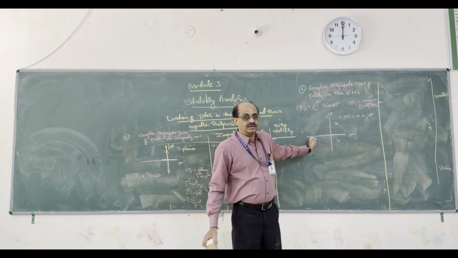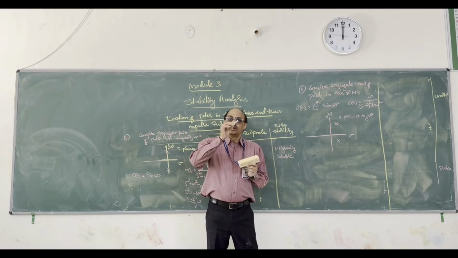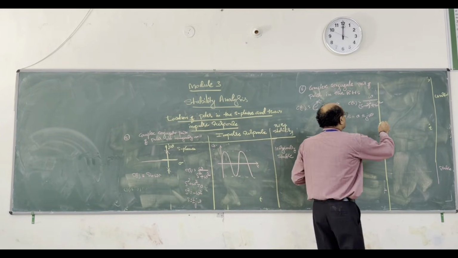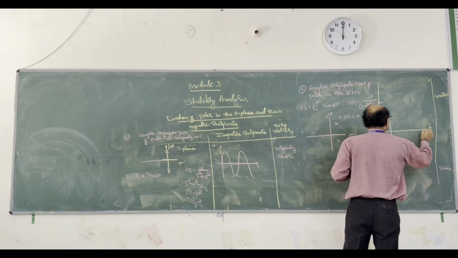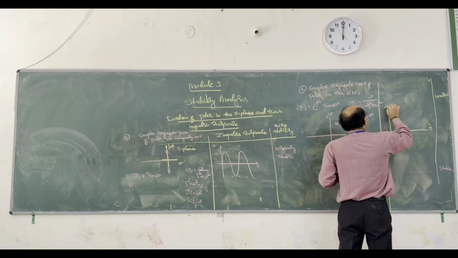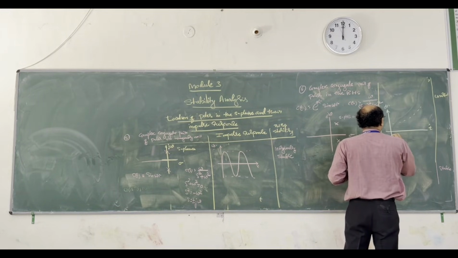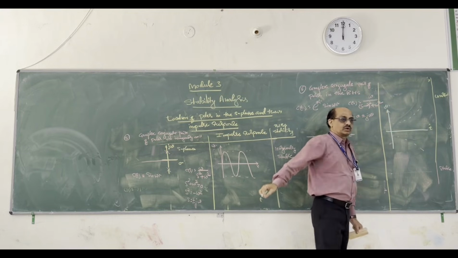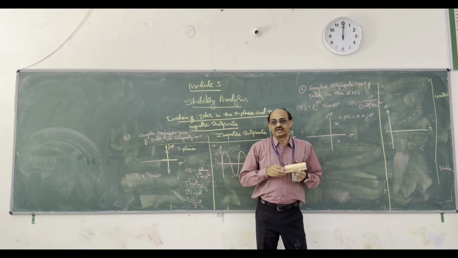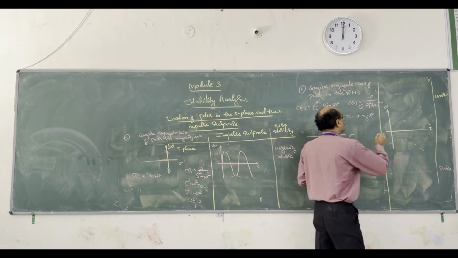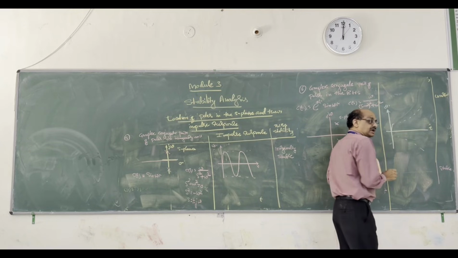If the poles are there in the right half of the S plane, the response magnitude increases with time, goes on increasing, and becomes unbounded.